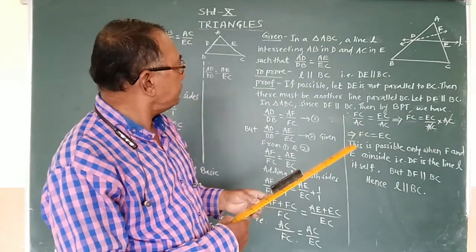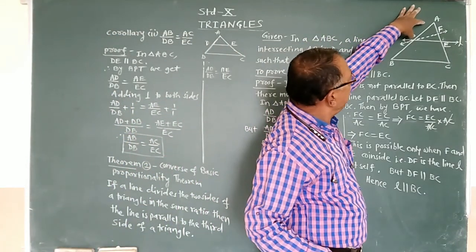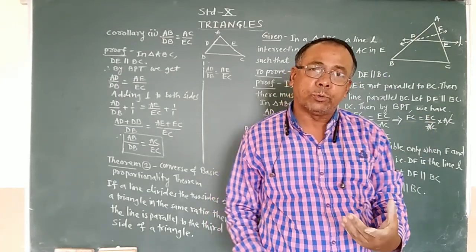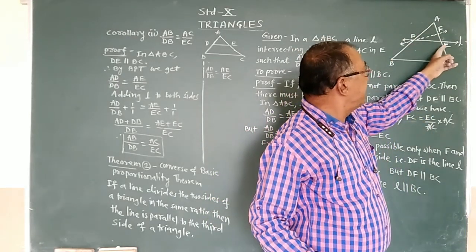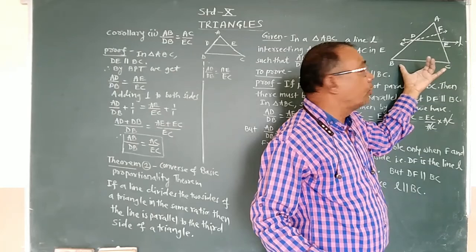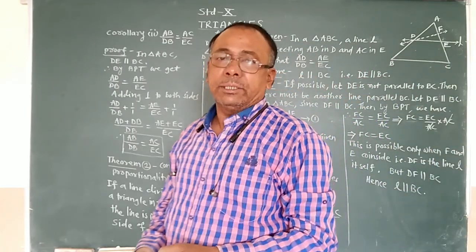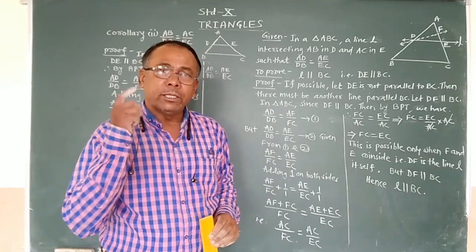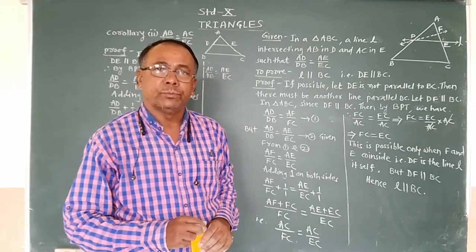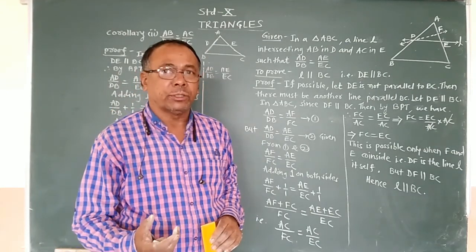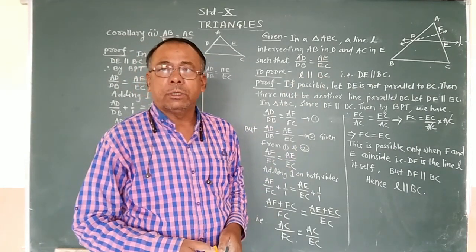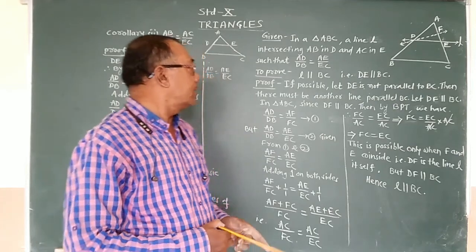Means here AD upon DB is equal to AE upon EC, and then we have to prove that this line DE is parallel to BC. Means if a line divides two sides of a triangle in the same ratio, or in proportion, then the line must be parallel to the third side of the triangle.